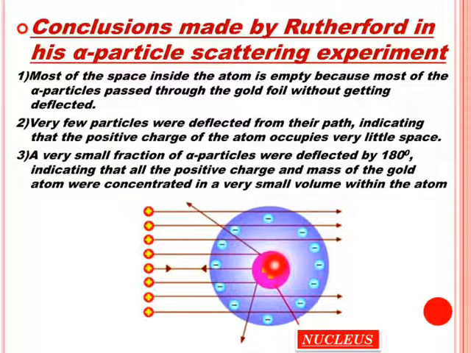It means that the obstruction which repelled these alpha particles also carried some charge, and that is positive charge. We know that positive charges repel each other. Alpha particles, being positively charged, were repelled by something positively charged present in the center of this atom.